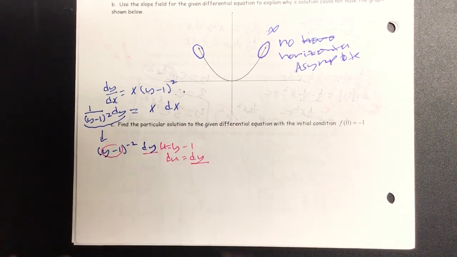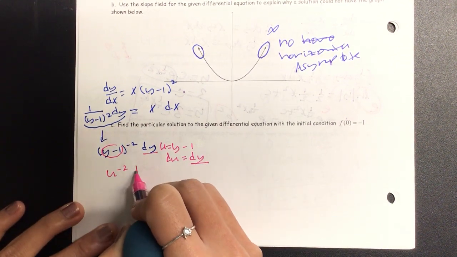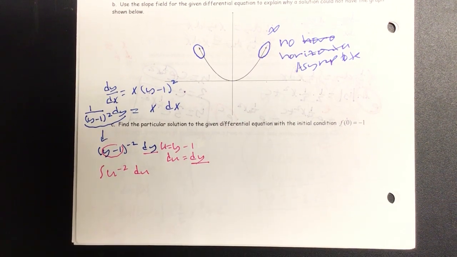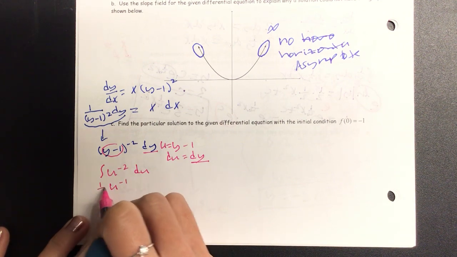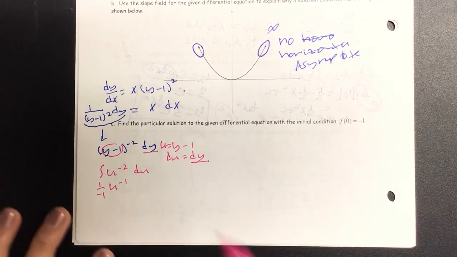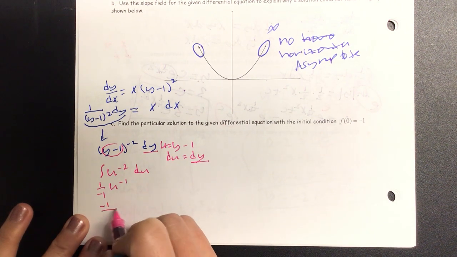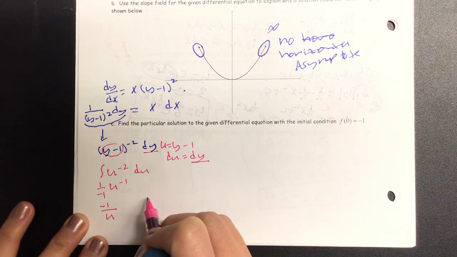Go for it. So if I rewrite this, we have u to the negative 2 du, and we're going to integrate it. So what is 1 more than the negative 2? Negative 1, and then I have 1 over negative 1. But really, in the end, this means we have negative 1 over u, which technically gives us what?